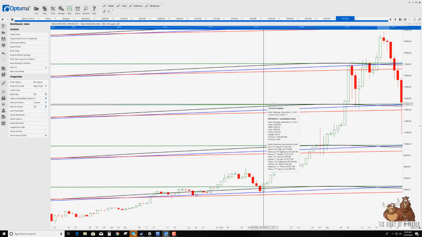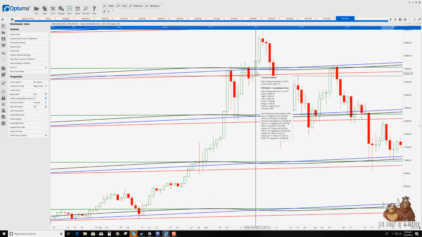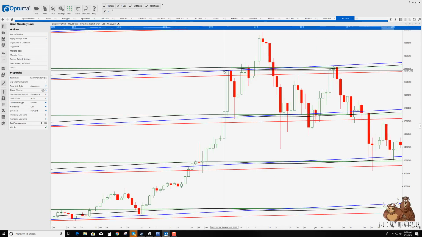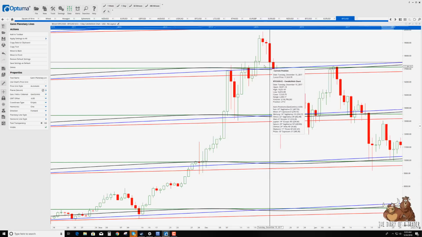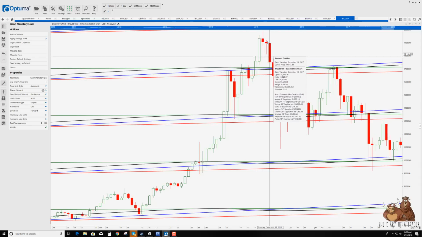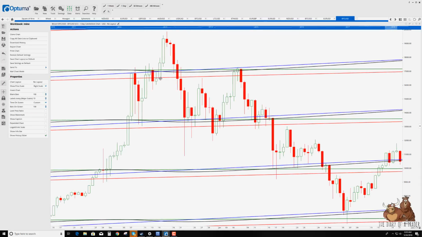So for instance, in Bitcoin, when Venus and Mercury and Saturn were all crossing over each other, we were near a market high, and that promptly sold off.